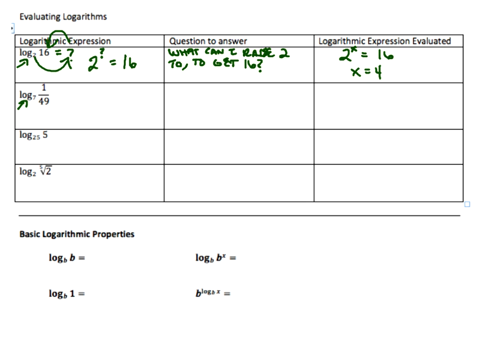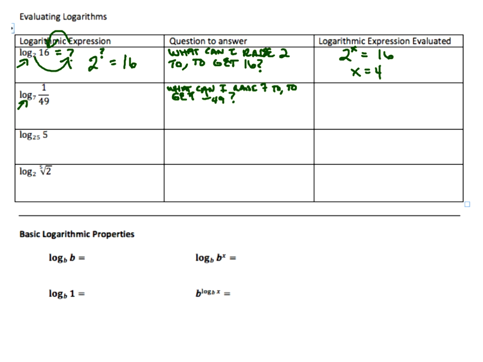You want to bring it back up into the numerator, the realm that we like to work in. So the original question here says, what can I raise 7 to get 1/49?